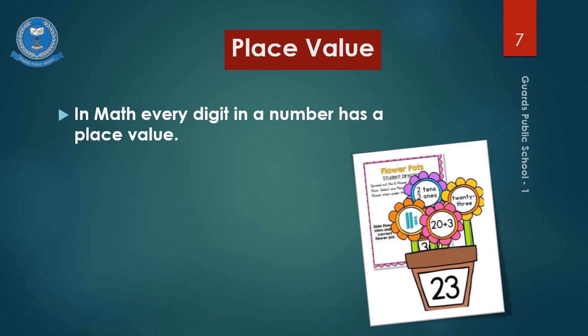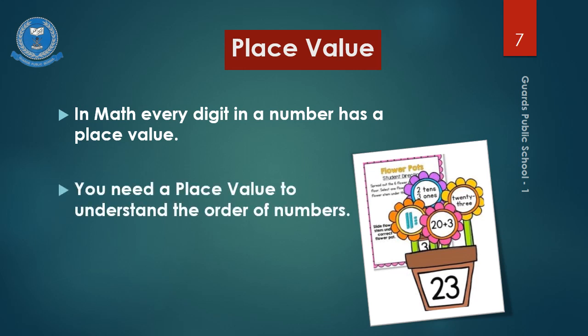But before going into detail, first we will get to know why we need place value. You need place value to understand the order of numbers. It also helps you to understand the meaning of numbers. Like, if people just used numbers randomly, no one would know which numbers people meant.